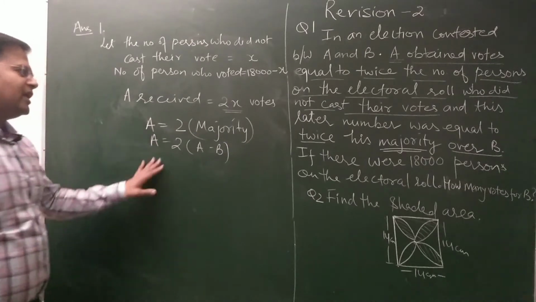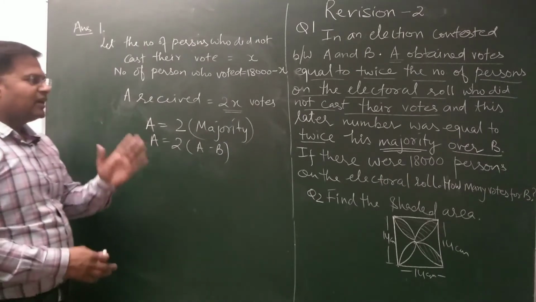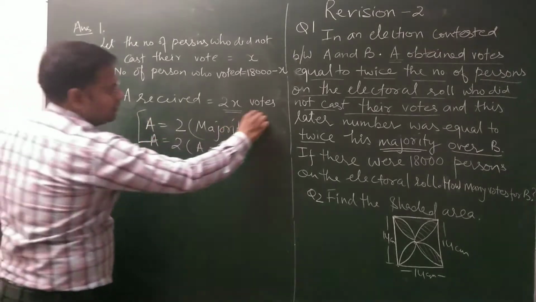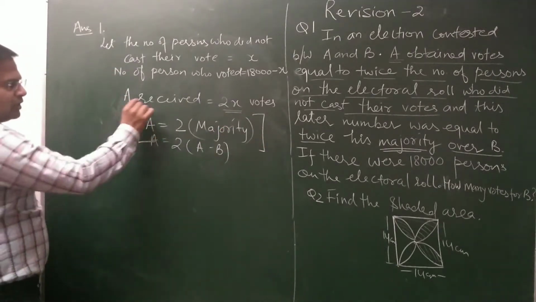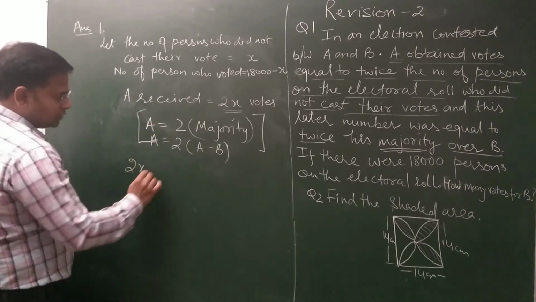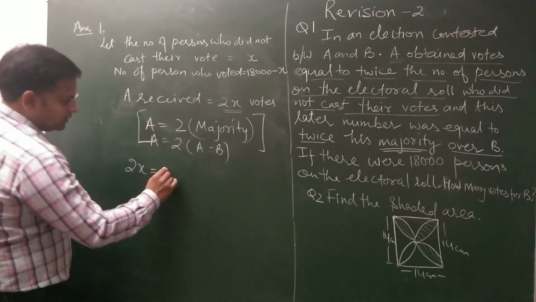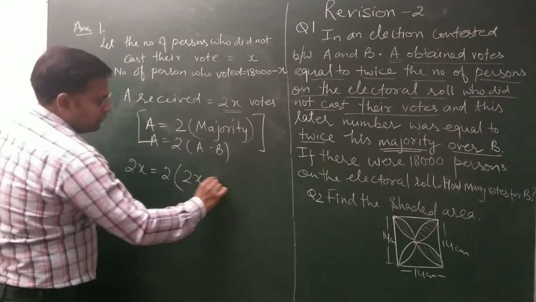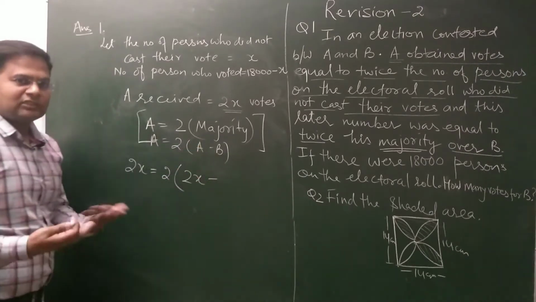This is the condition given to you, and we can write it as statements as per the question. This is for your understanding, do not write this in the exam. As per the question, A has received 2x votes, but do we know how many votes B has received?